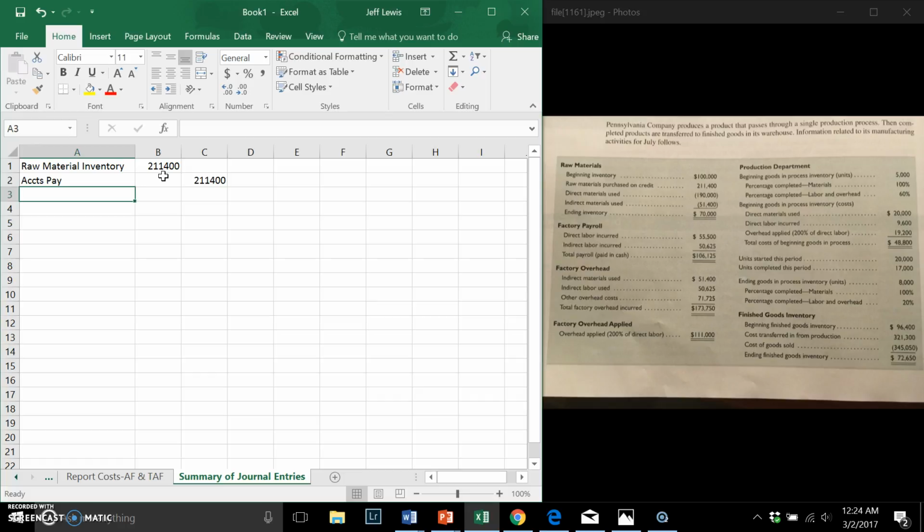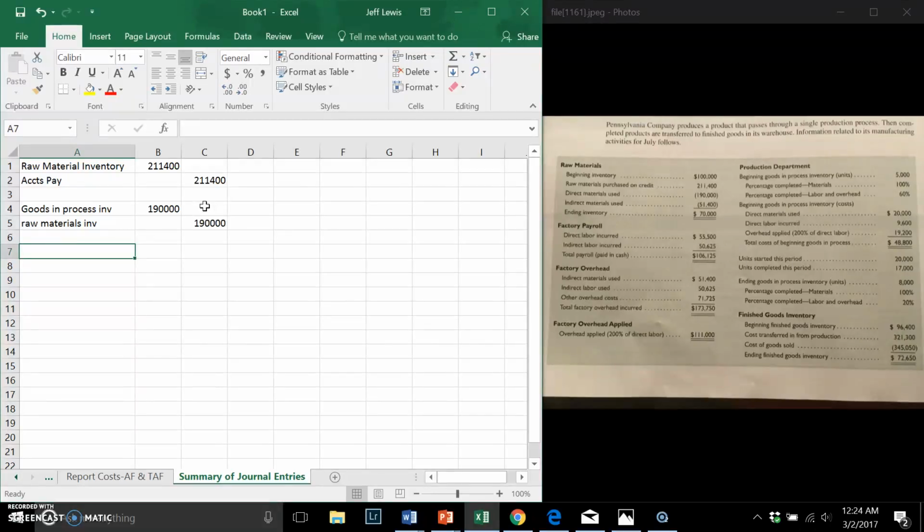Now next comes direct materials usage. Two accounts are used: goods in process inventory and raw materials inventory. If you look right here, direct materials used, we're going to use that 190 again, which we've used so many times. That's your entry for direct materials usage. Next comes indirect materials usage.